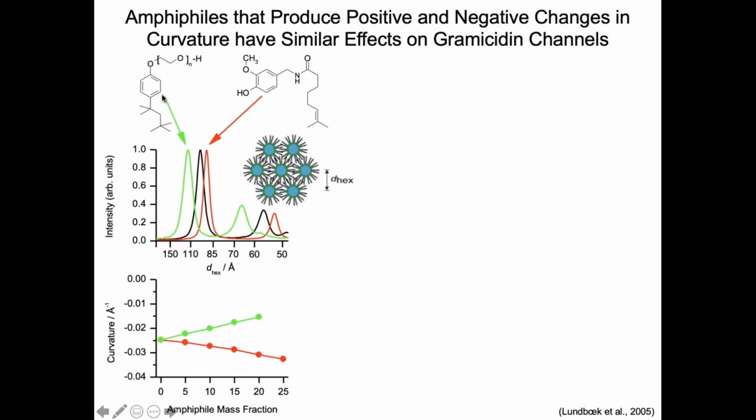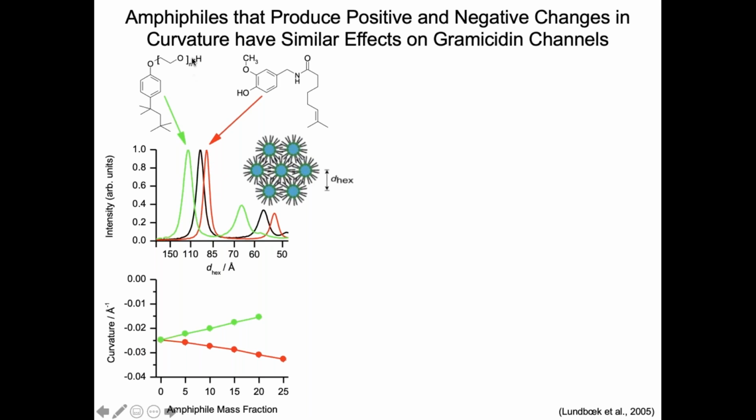What we find is that Triton increases the hexagonal repeat distance, meaning it increases the diameter of these tubes, so it causes positive changes in curvature. Whereas capsaicin, which is the principle in hot pepper and, as many of you know, activates TRPV channels, the vanilloid receptor, causes reductions in the diameter of these tubes, and causes negative changes in curvature.